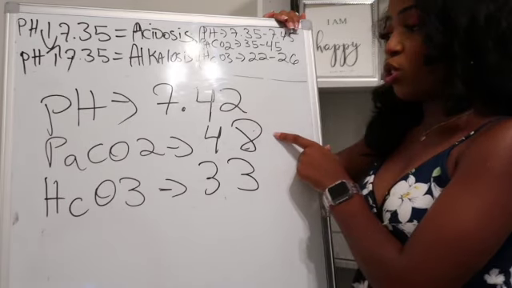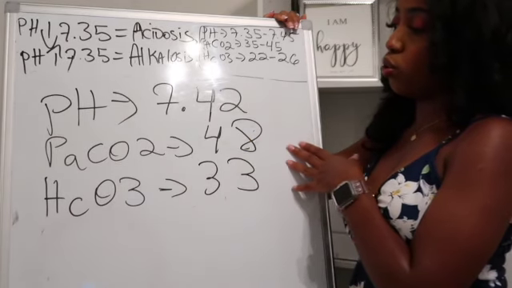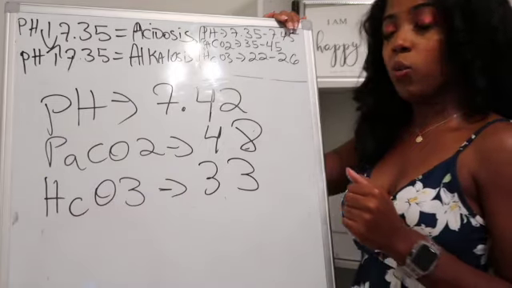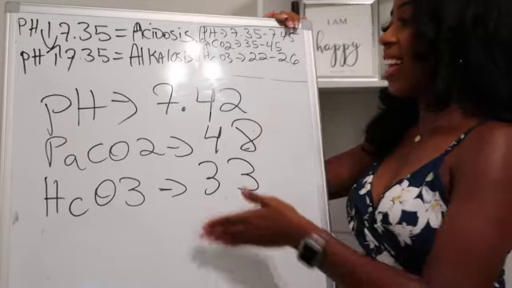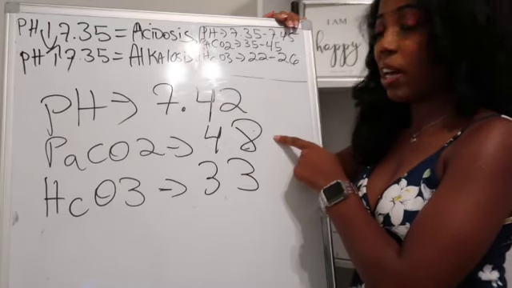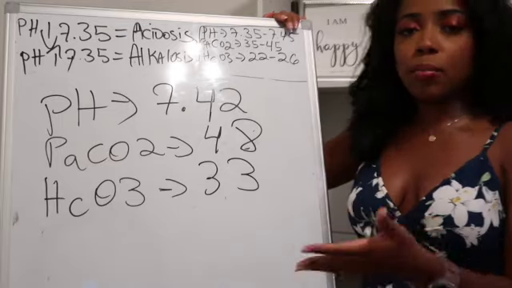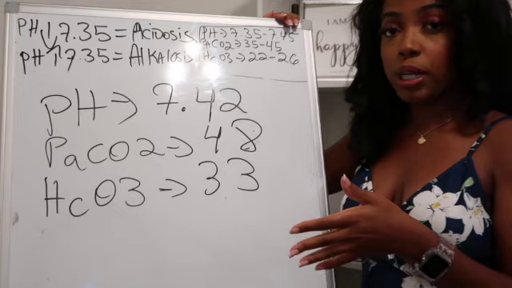And because the blood is so acidic, the kidneys are trying to retain as much HCO3, which is the base, to combat that acidic blood caused by the increased PaCO2, okay?